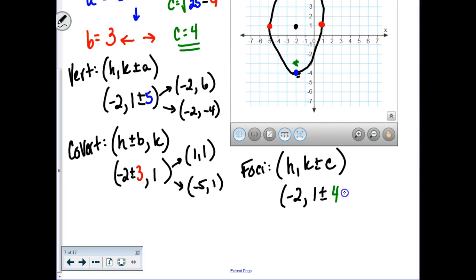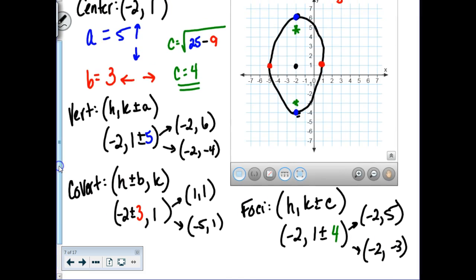And again, we already plotted these, so I kind of already know where they're at. I will warn you guys, foci points usually aren't pretty. It's like 2 plus square root of 3, something gross, so be careful. So this is (-2, 5), and this one is (-2, -3). So apparently those green little stars I drew in are at those 2 points, which they are. Yay! All right, so that's what it's going to look like in your homework.